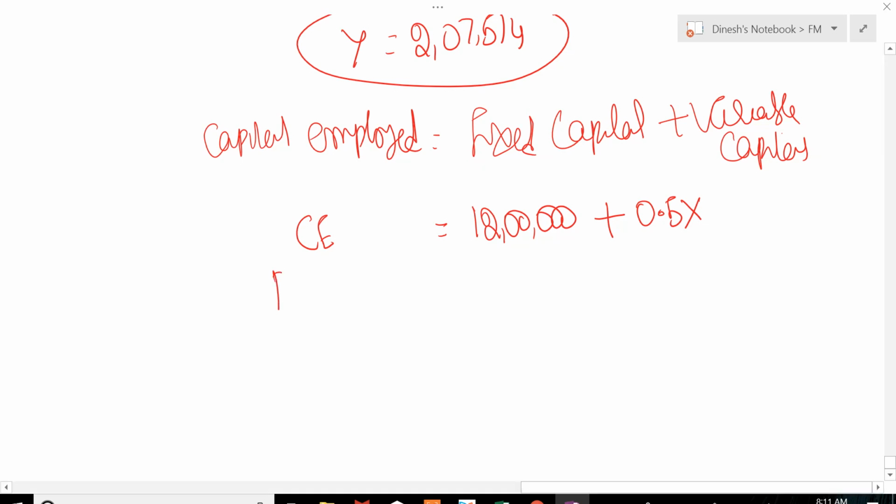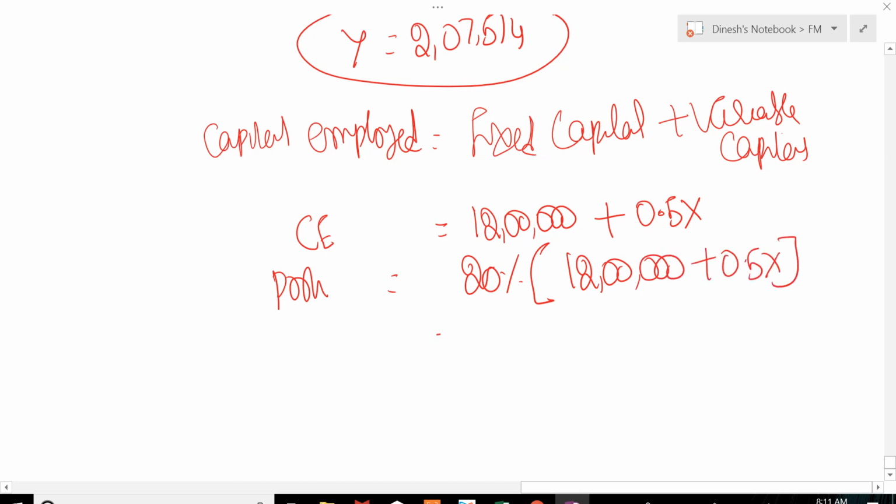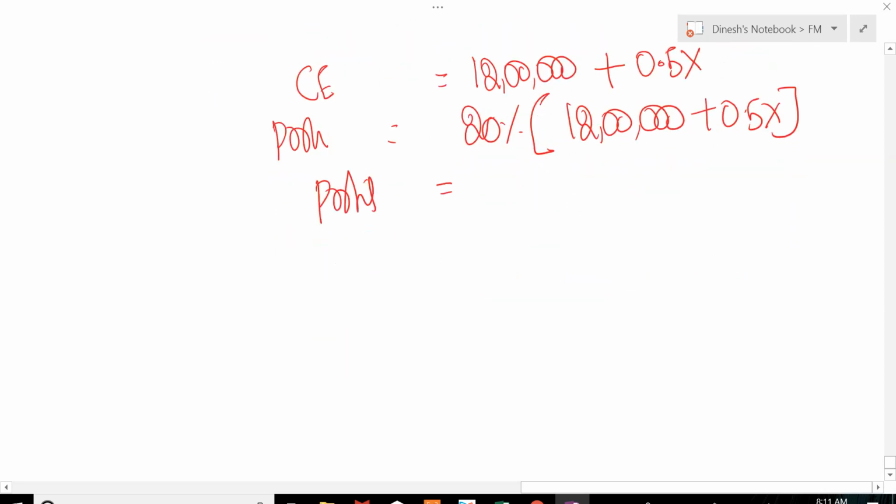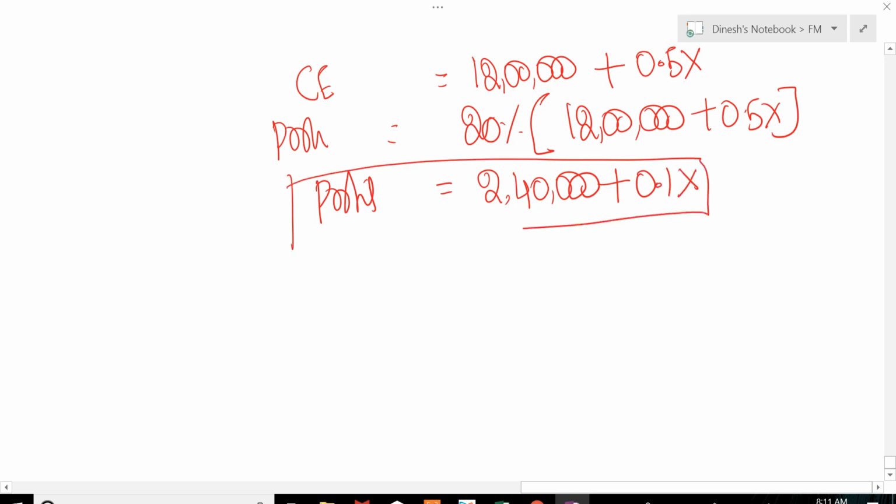Next, profit is equal to 20% of capital employed, which is 12 lakhs plus 0.5x. $2,40,000 plus 0.1x.